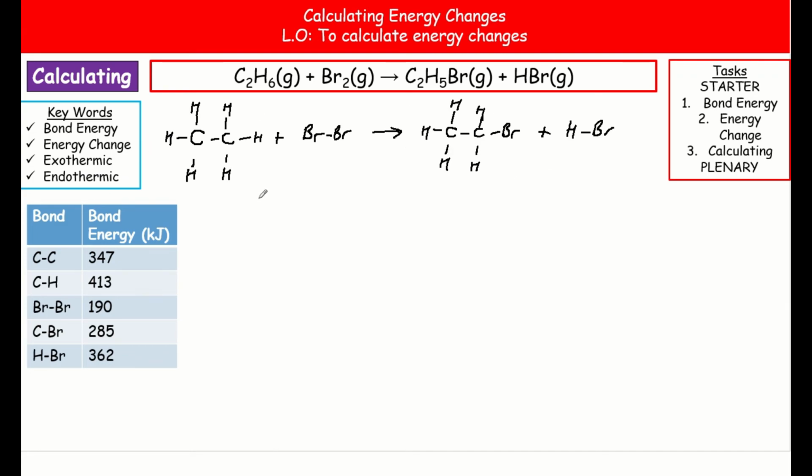The next thing we need to do is work out what bonds we've got and how many of each. Now, all I'm going to do is divide the page into 2 for now, because we're going to look at the reactants first of all. So we've got 1 carbon-carbon bond, because if we have a look, we can see that bit there is a carbon-carbon bond.